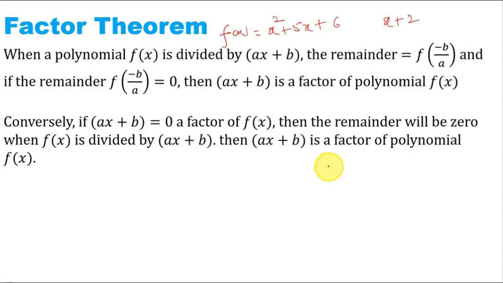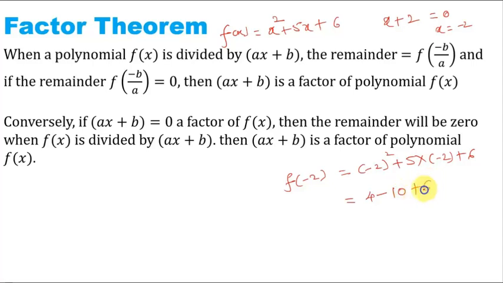The value of this polynomial is (−2)² + 5 into −2 + 6, that is 4 − 10 + 6, and that equals 0. Hence x + 2 is a factor of x² + 5x + 6.